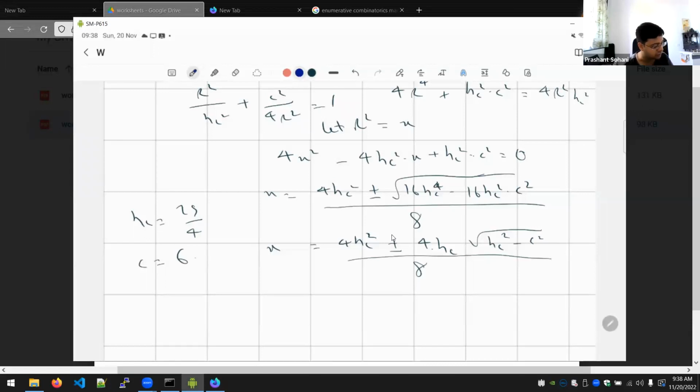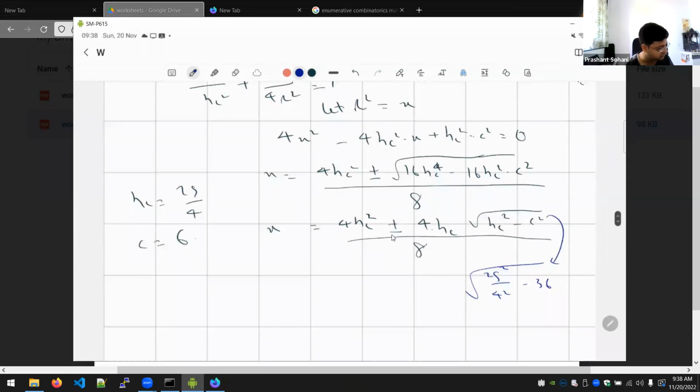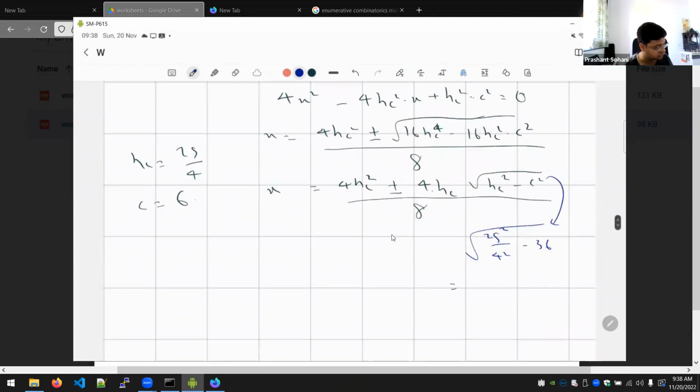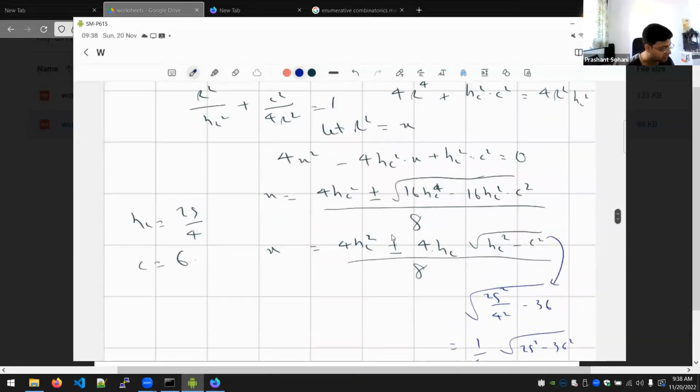So therefore the delta will turn out to be... No, looks like I made some mistake because my determinant is negative.